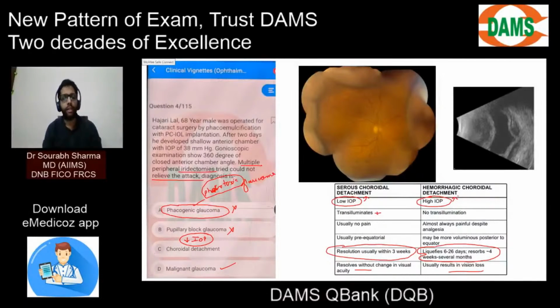So here in the question, multiple iridectomies were done, the anterior chamber was shallow, the angle was closed for 360 degrees, and the pressure was very high. The answer would have been aqueous misdirection or malignant glaucoma.